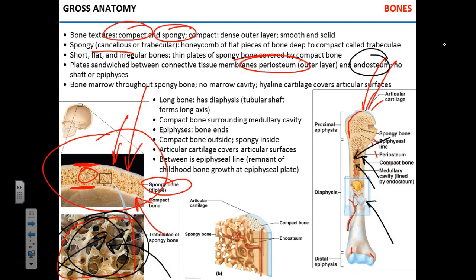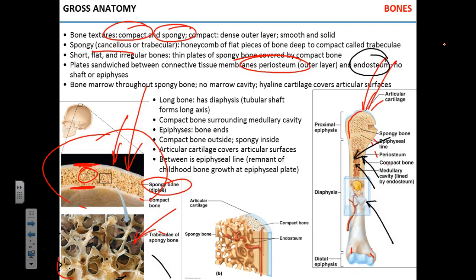In the spongy bones, in the flat, short, or irregular bones, the space between the trabeculae, can you see that? This structure has a lot of empty spaces. All those empty spaces in the trabecular bone will be filled with the bone marrow.